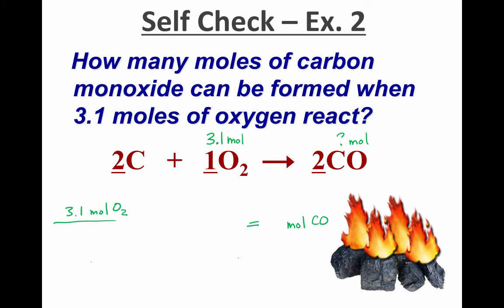Now I fill in the mole ratio in a way that causes the moles of oxygen to cancel and gives us moles of carbon monoxide. I'll fill in the mole ratio from the balanced equation with 2 moles of CO for every 1 mole of O2. In this calculation, I will multiply the numbers, since they're both on the top, and get 6.2 moles of carbon monoxide for my answer.